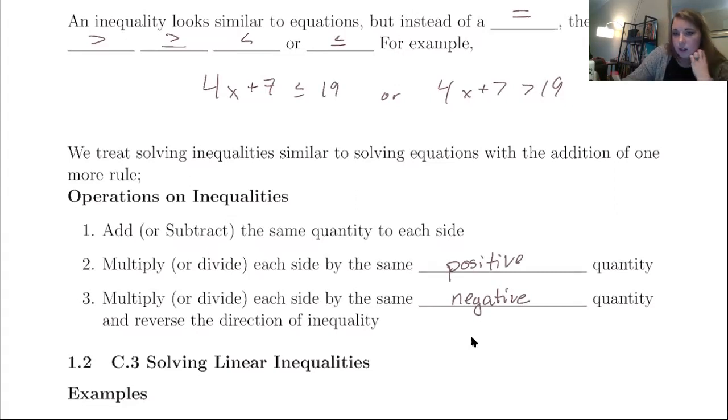The way that I like to remember this is, I know 2 is less than 5, but if I multiply each side by -1, -2 is not smaller than -5. That's not true. So that's why I need to reverse the direction of my inequality if I multiply or divide by a negative. Have you guys heard of that before?